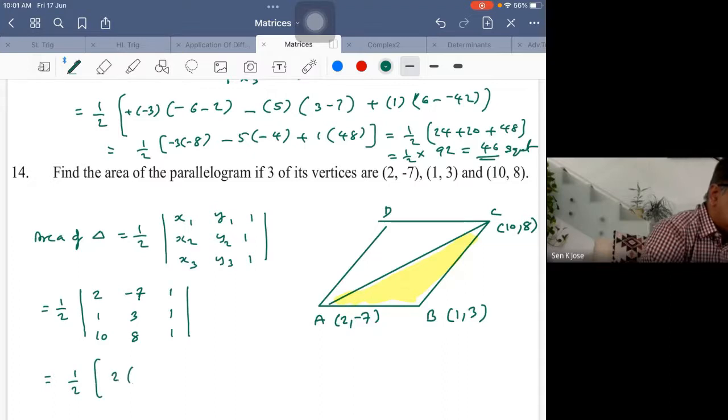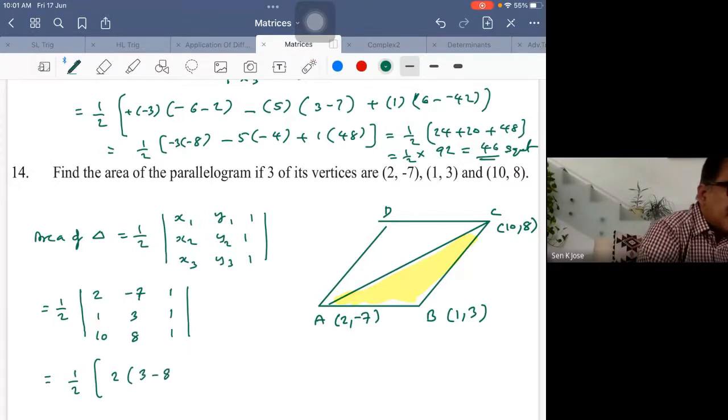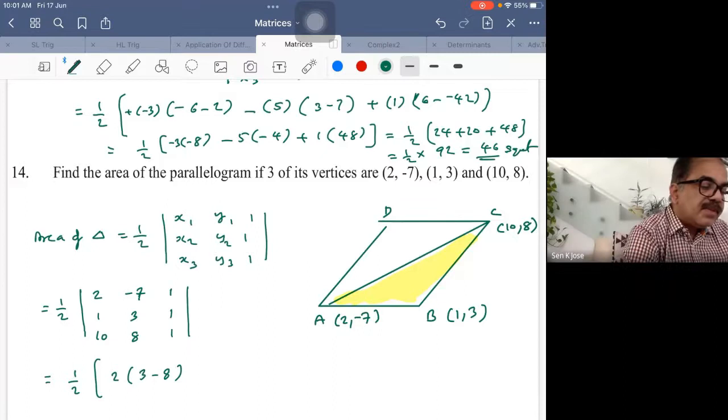2 into its minor. I'm trying to visualize my minor. 2 is the element, delete the row and the column, cross multiply 3 into 1, which is 3 minus 8. Minus, the next element is minus 7, into its minor.